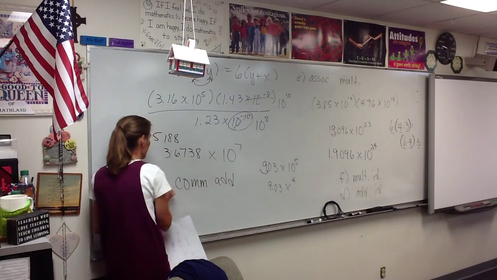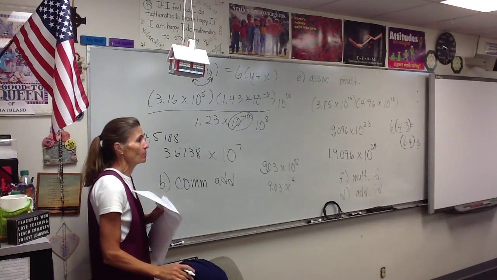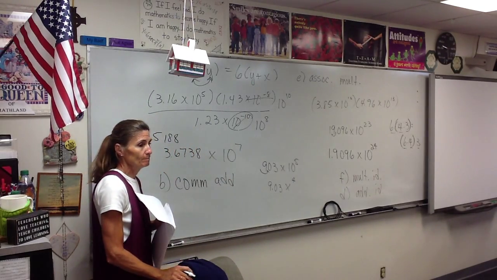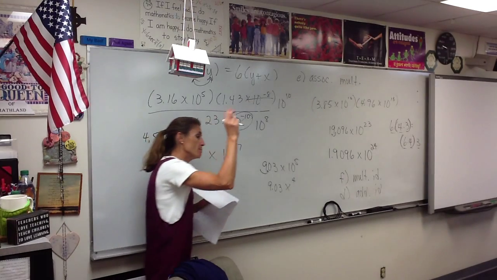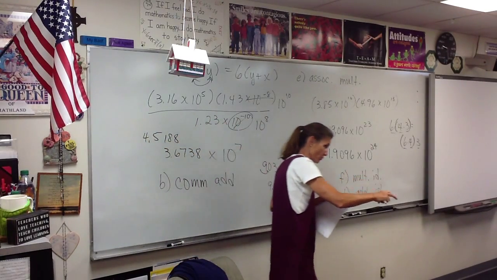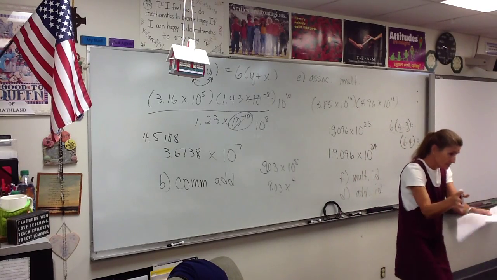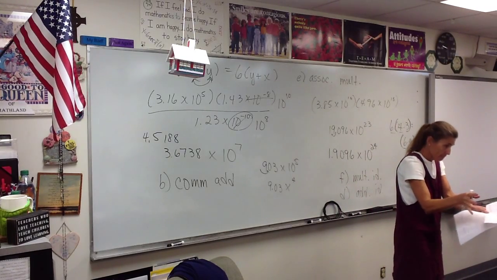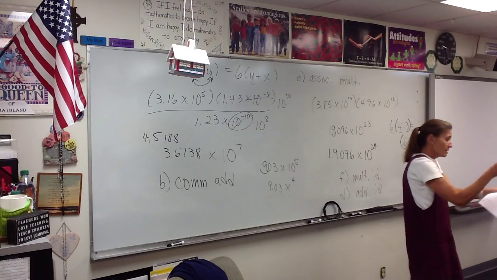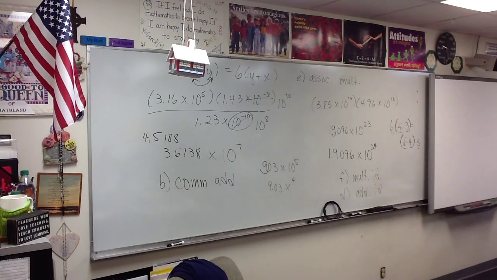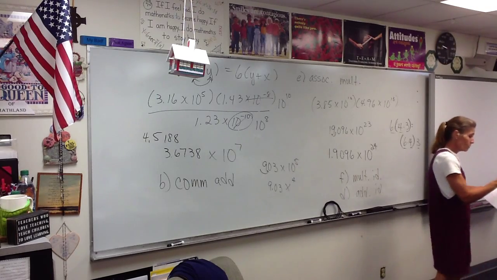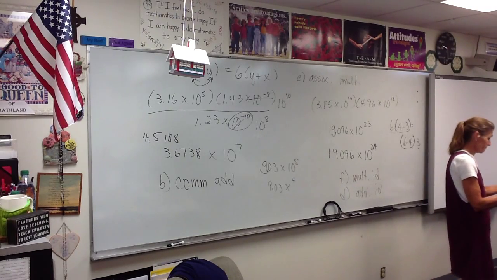That one I got right. So commutative is order. Associative is grouping. Let me say that again. Commutative is order. If your order is changing, you're commutative. If your grouping is changing, you're associative.